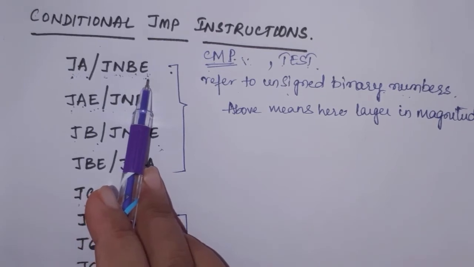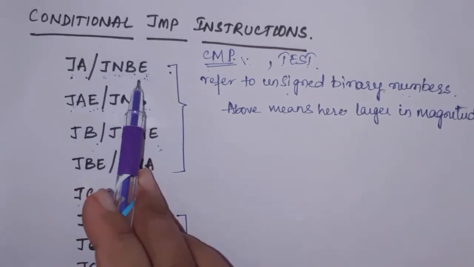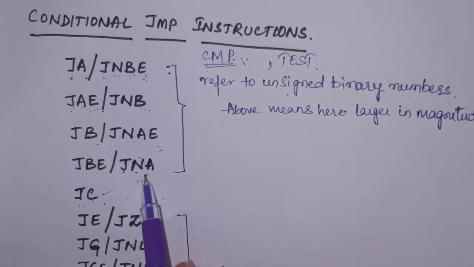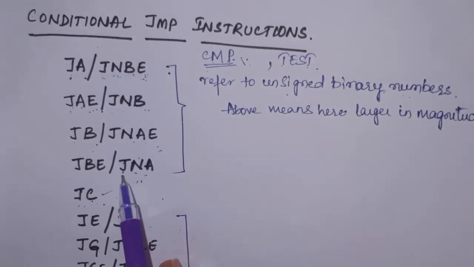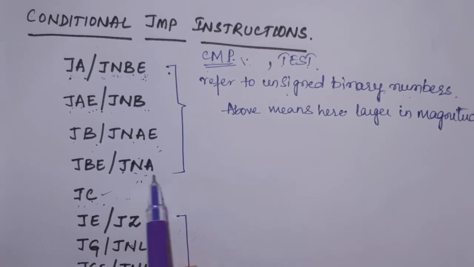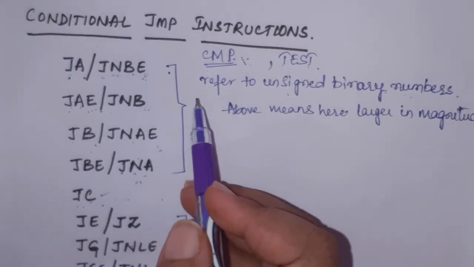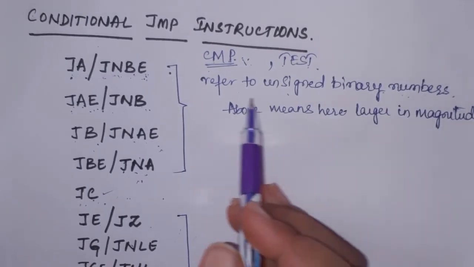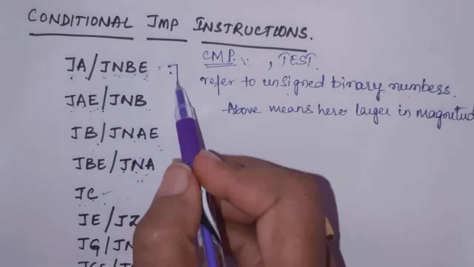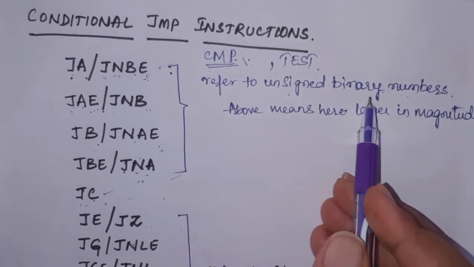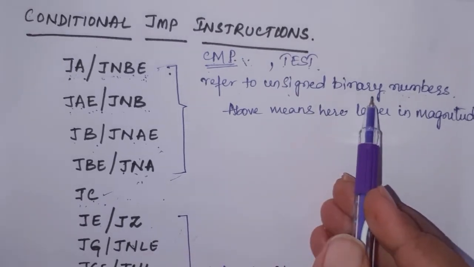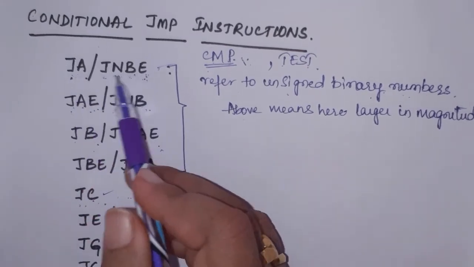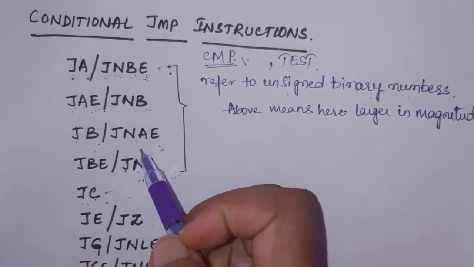These instructions verify the flags, and they refer to unsigned binary numbers. When you compare two unsigned binary numbers, you use jump if above or jump if below.